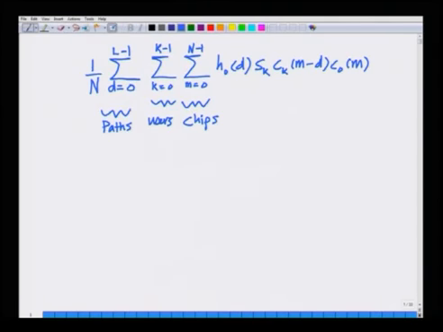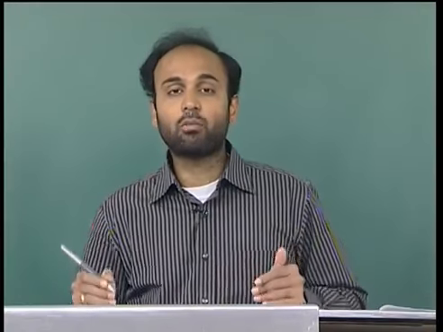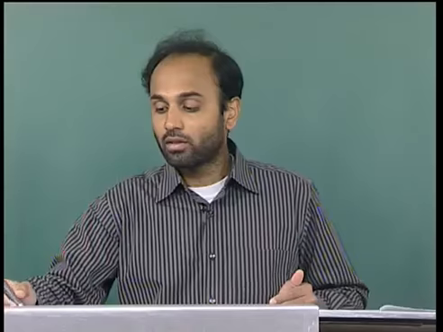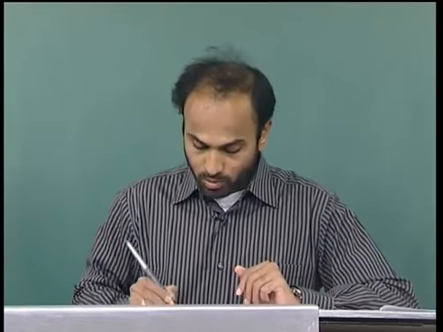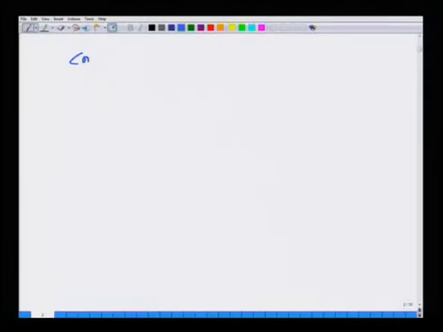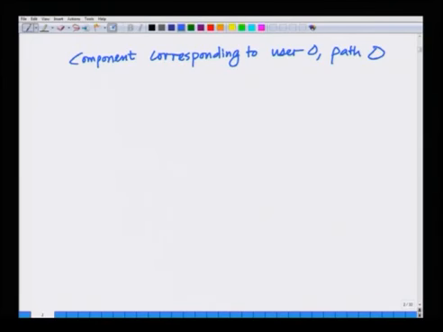Now, I will separate this, as we said, into different components. First, I am correlating with the chip sequence of user 0 corresponding to a lag of 0. So, first let me extract the component corresponding to user 0, path 0. That is the first component.